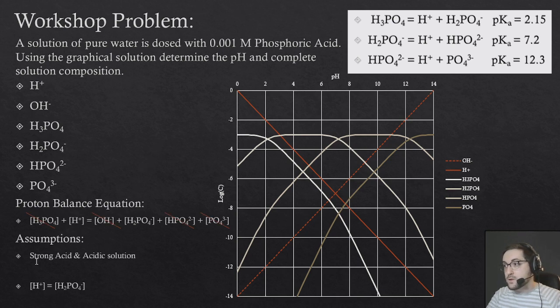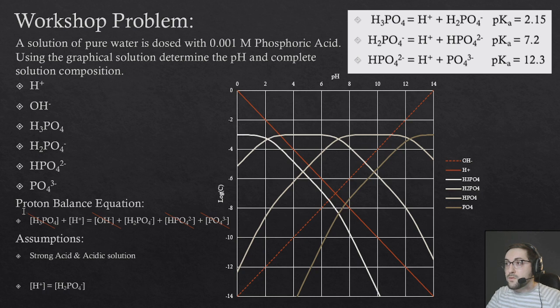So we can make a few assumptions here. Phosphoric acid is a fairly strong acid with a pKa of 2. It's a very low pKa. So I'm going to make the assumption that it's a strong acid, and this is an acidic solution. With those assumptions, I know with an acidic solution that OH minus is going to be negligible. OH minus is only going to be abundant in basic solution. Because it's a strong acid, it should fully dissociate or almost fully dissociate.